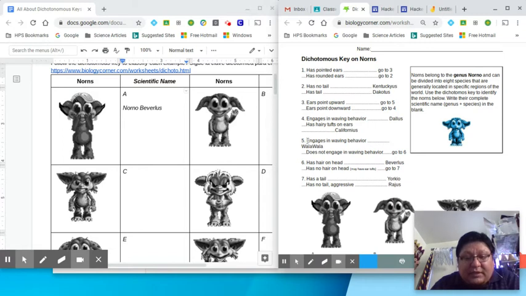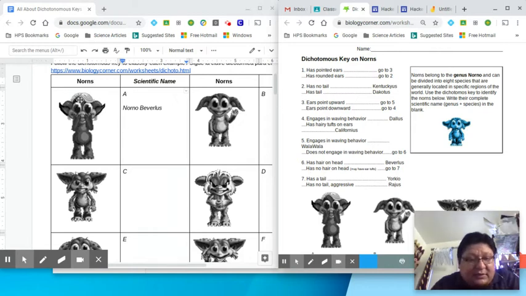Engages in waving behavior, does not engage in waving behavior. I look at this, there's no waving behavior. I go on to number 6. Six: has hair and head, or has no hair and head.